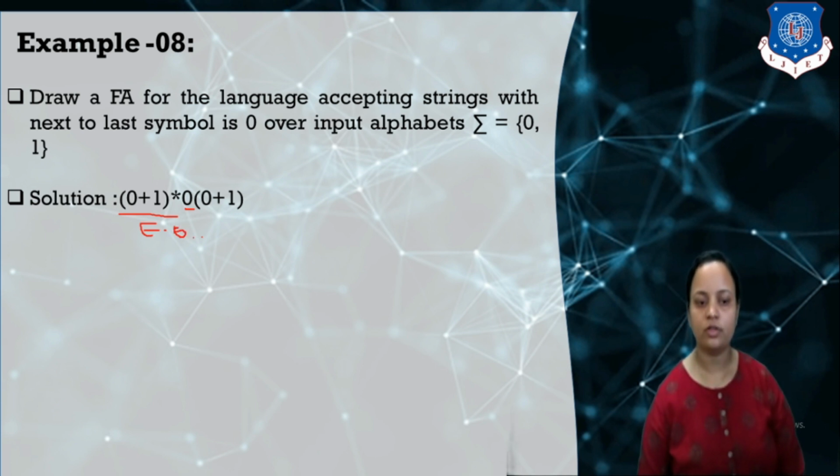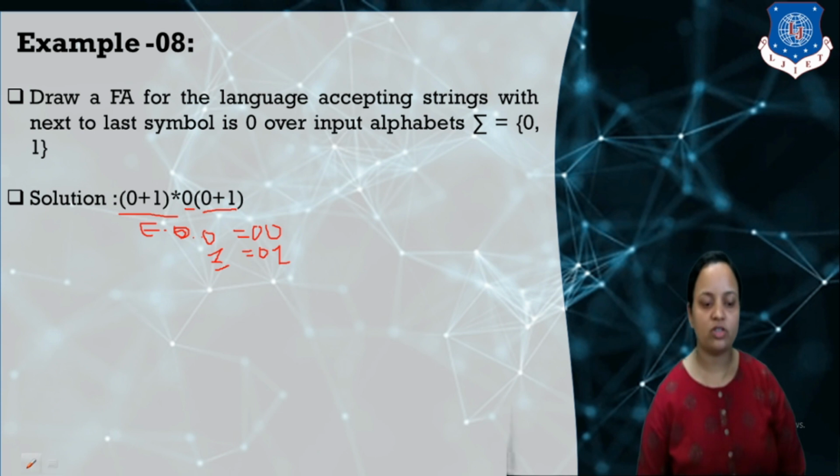The second last symbol is a 0, and in the last position you can pick either 0 or 1. So we can consider 00, or in place of that, 01.